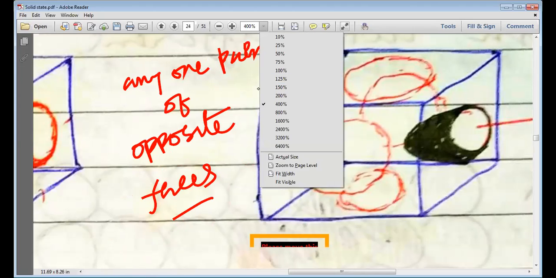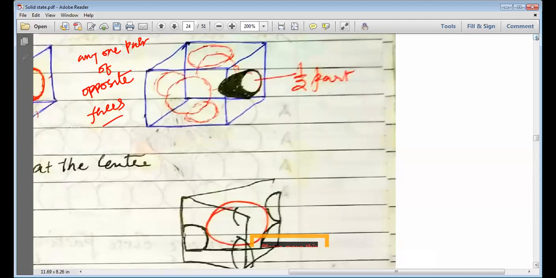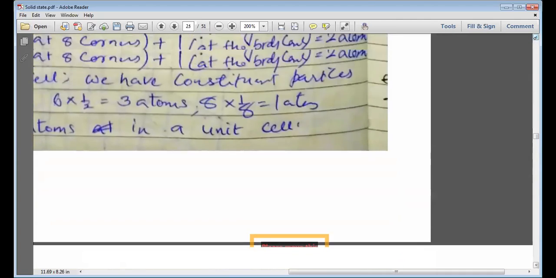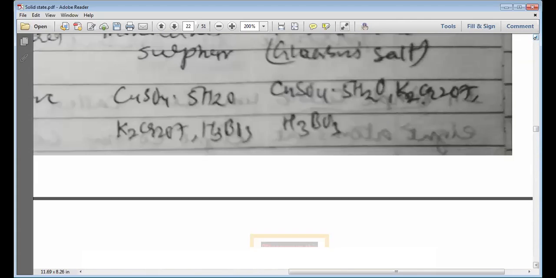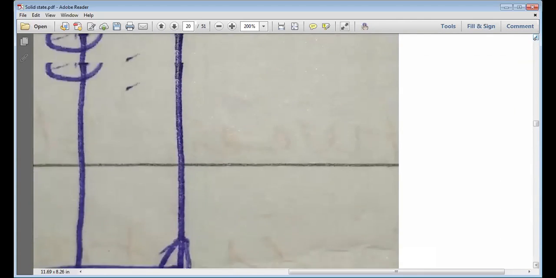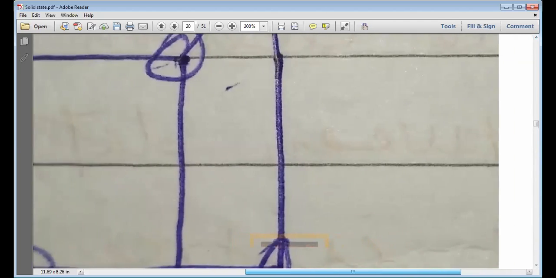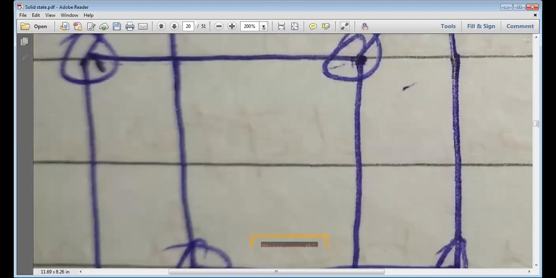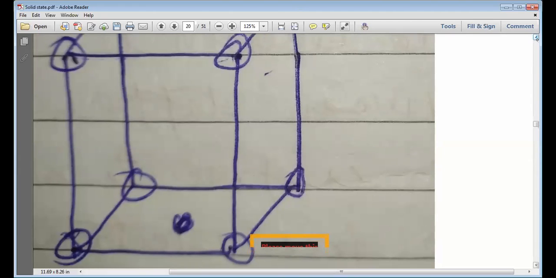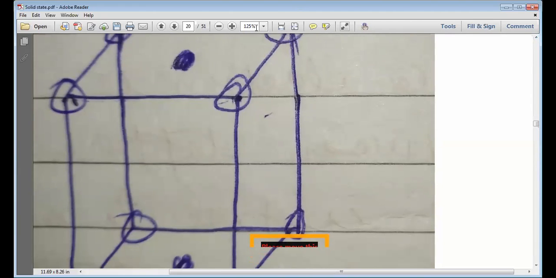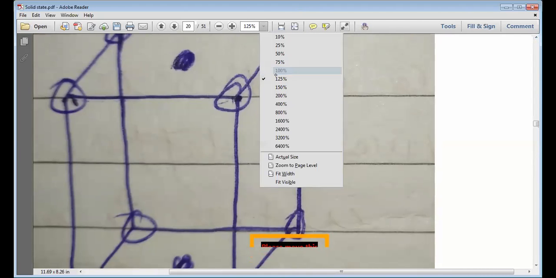So let us take a look at the end-centered unit cell, my dear students. Please remember that the particles are actually these spheres, and they are bigger than what you can see here. Here we have just represented the particles in the form of points, and that is why we study them in this manner.